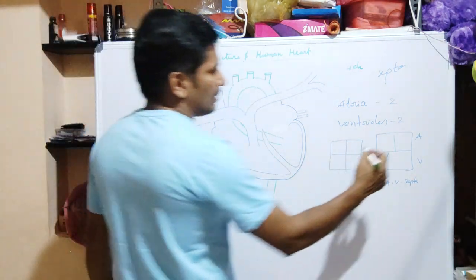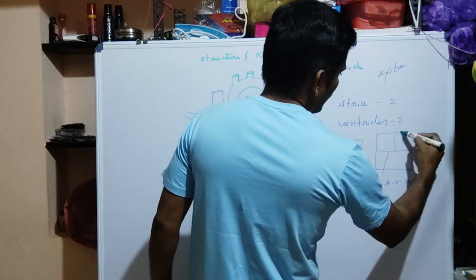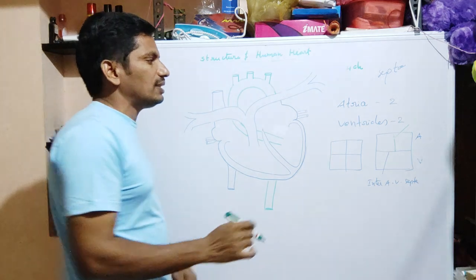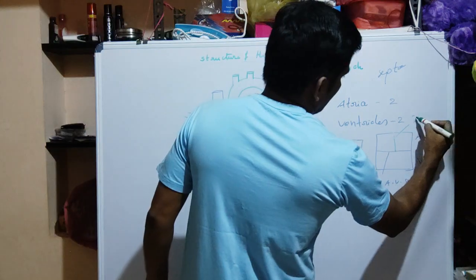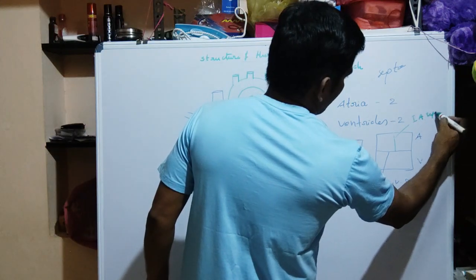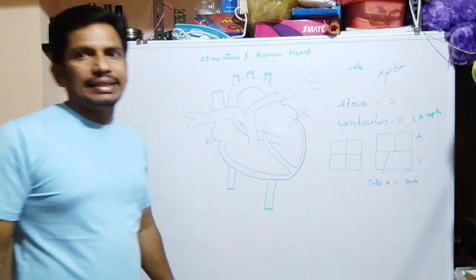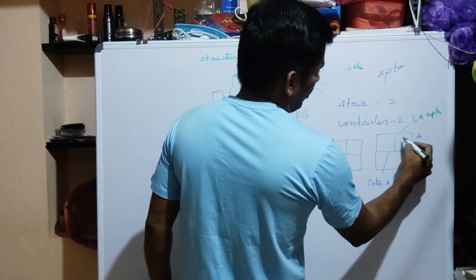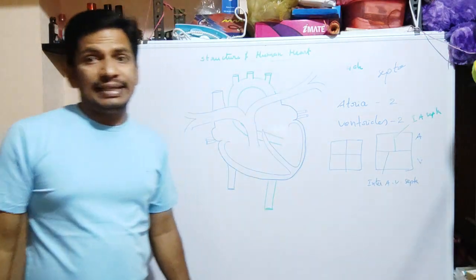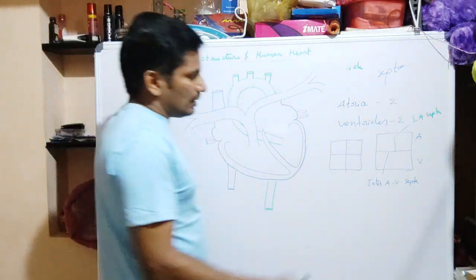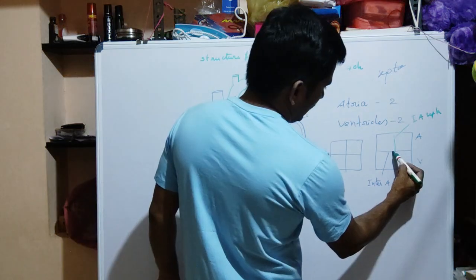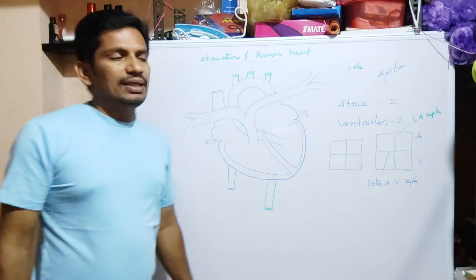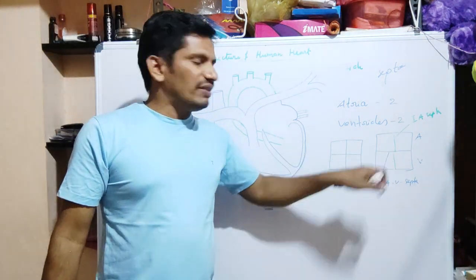They are divided by a septum. Where is it? Between, inside the atria only. That's the reason it is called the interatrial septum, IAS. The interatrial septum makes the heart into left and right atria. In the same way, the ventricles are divided into left and right ventricles.